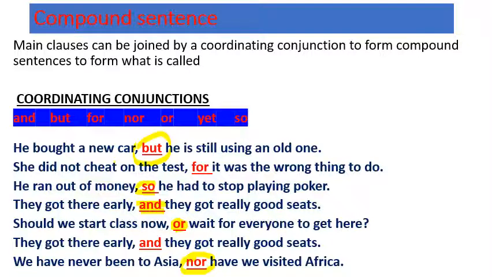Look at the order. Let me highlight it in a different color. The order of the words, you see that the auxiliary precedes the subject. Nor have we visited Asia. You always need to swap the position of the auxiliary and the subject when you use nor. Okay?